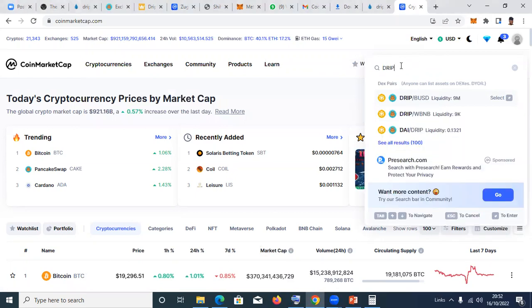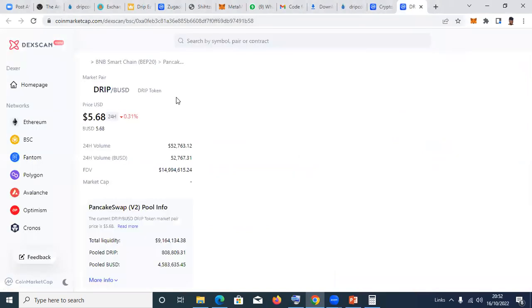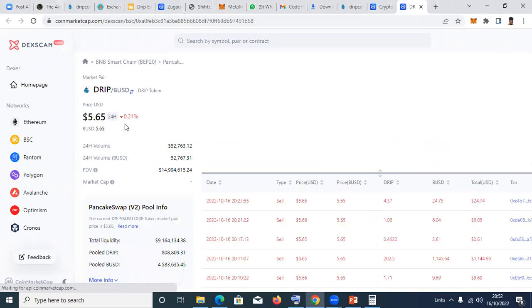This is a token on its own. This can give you crazy money. Drip itself, according to CoinMarketCap, of course this can be wrong, is 5.65. This is a PancakeSwap report, so it's not going to give you the actual price.